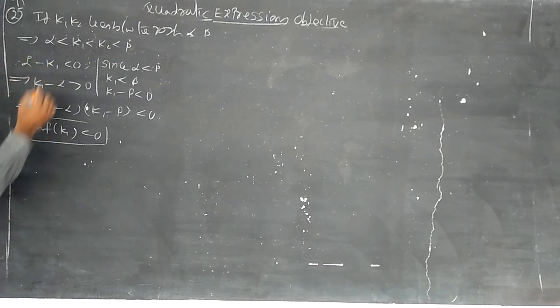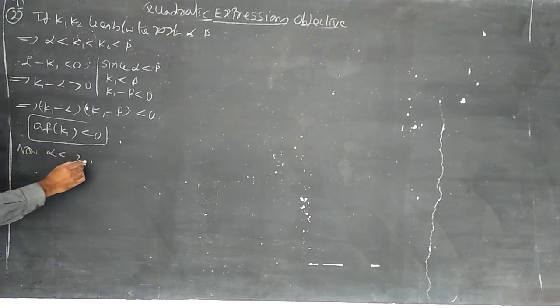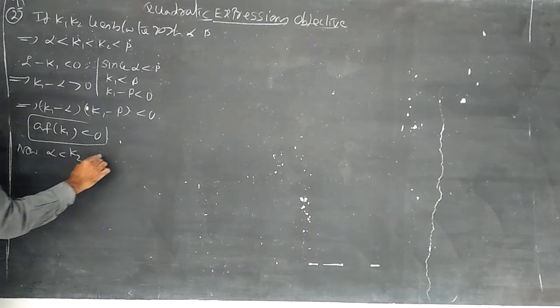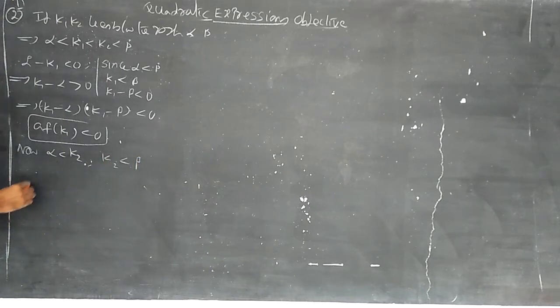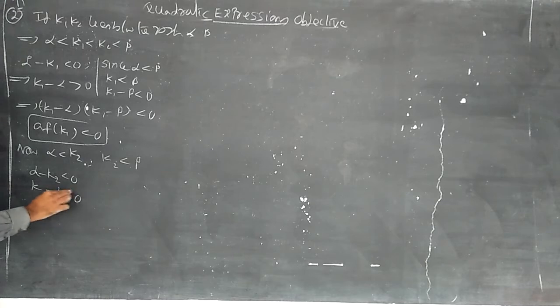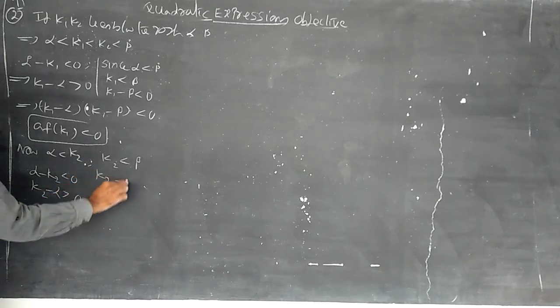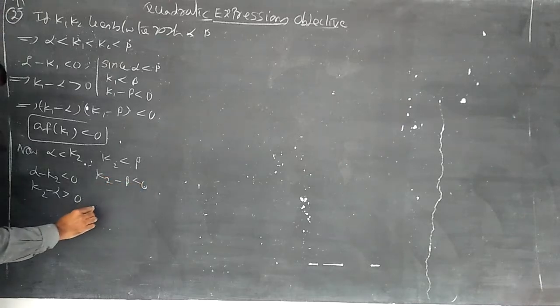Next, for k2 we write alpha less than k2 and k2 less than beta. So alpha minus k2 less than 0, that is k2 minus alpha greater than 0, and k2 minus beta less than 0.